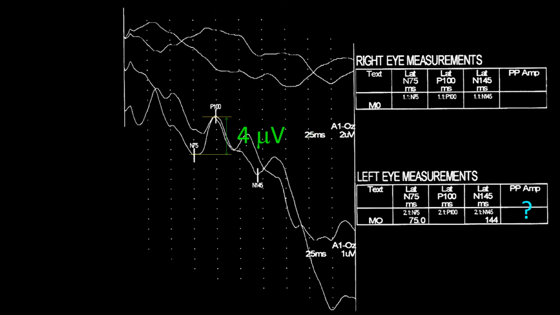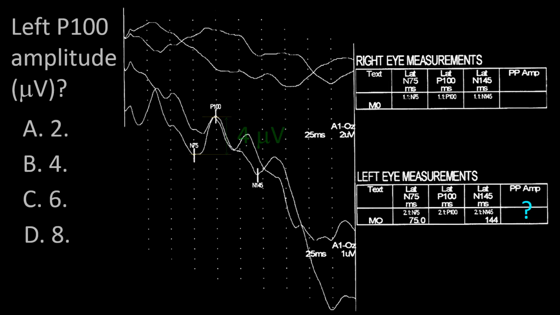This is correct because the amplitude here is being measured from the preceding wave and in the same wave. So the answer to this question is B.